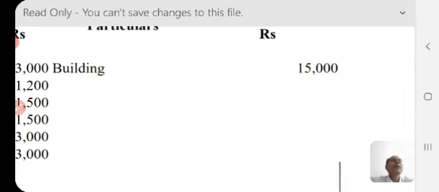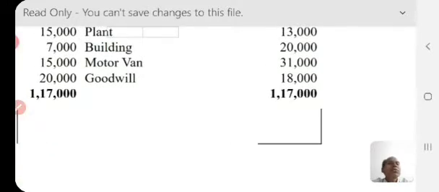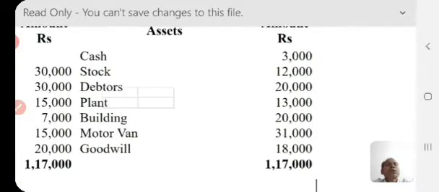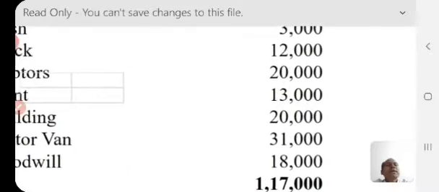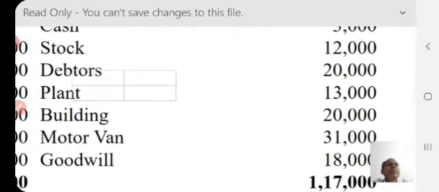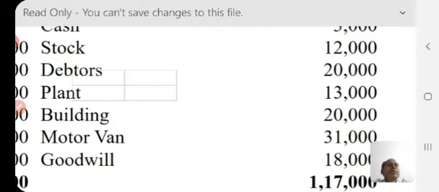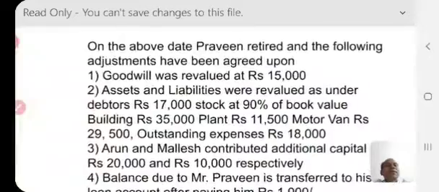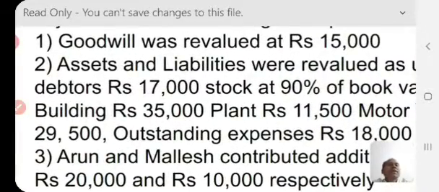And the building value is increased by 15,000. See the building value. How much the building is? Building is 20,000, but whereas in the adjustments 35,000.